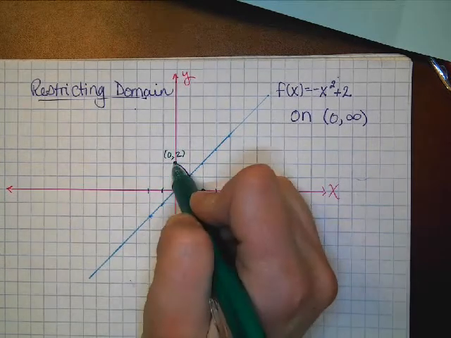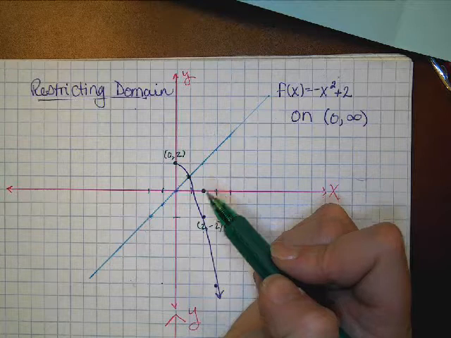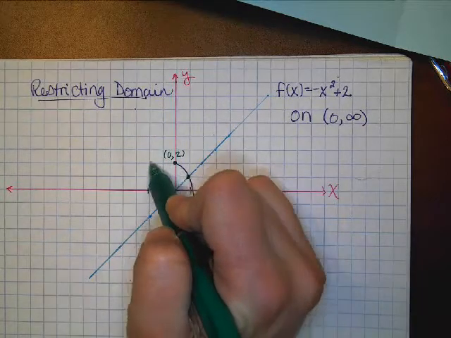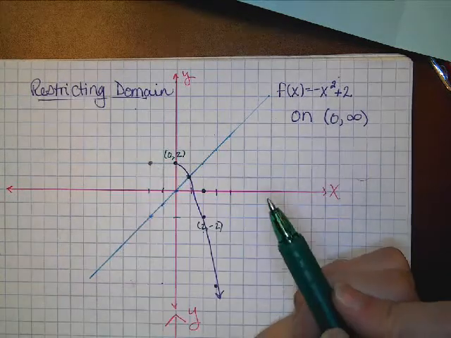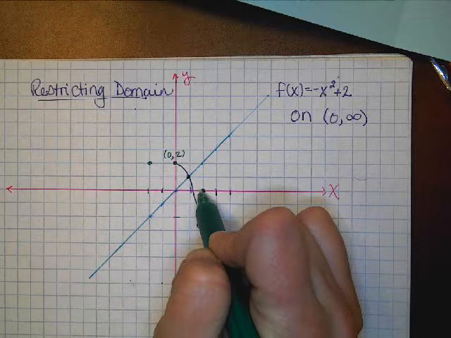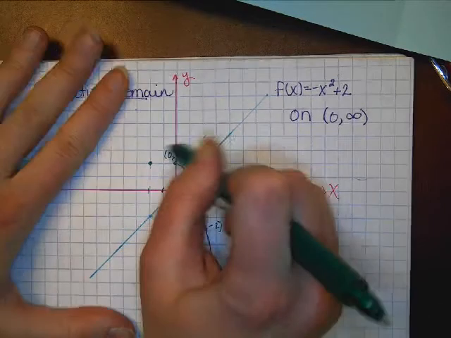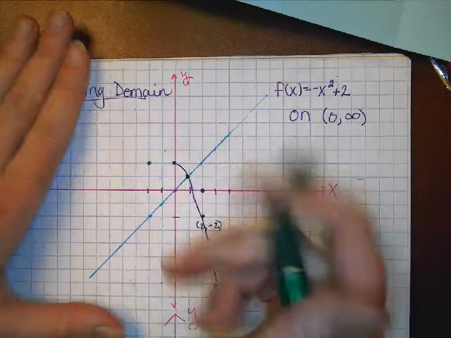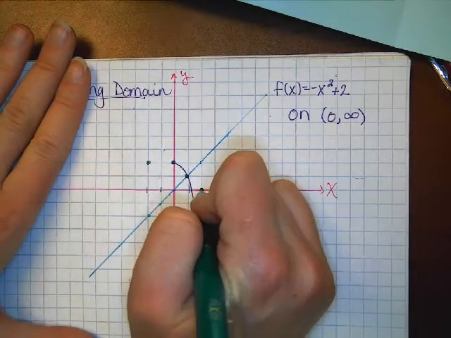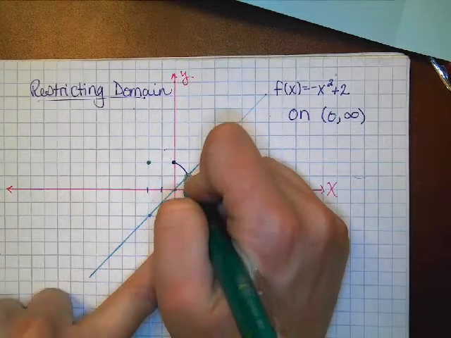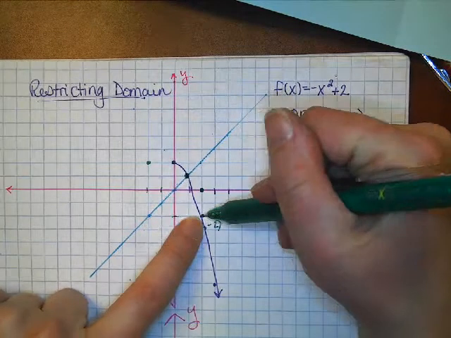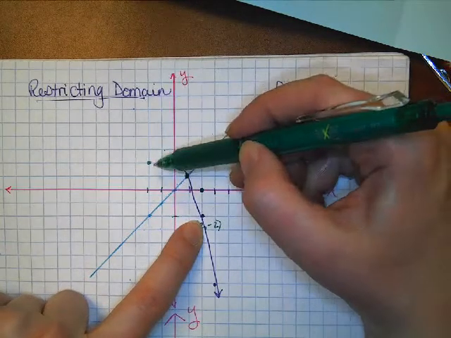This one was positive 2, negative 2, so now it becomes negative 2, positive 2.